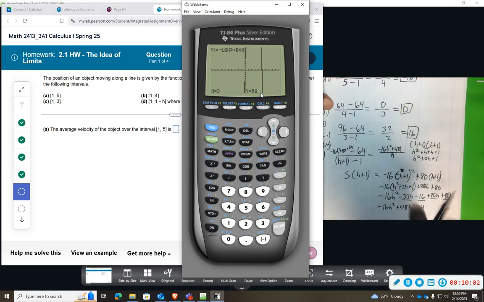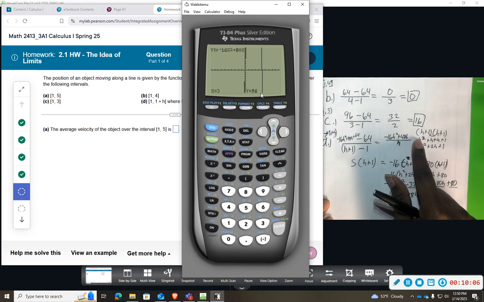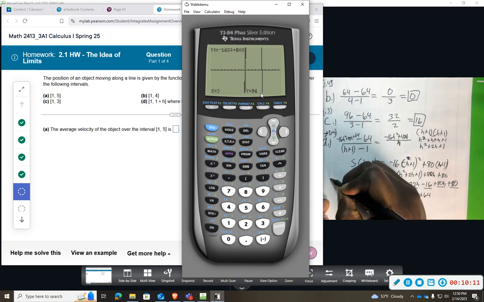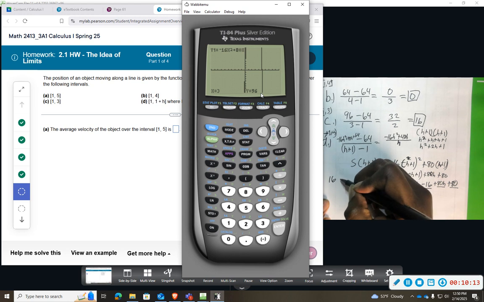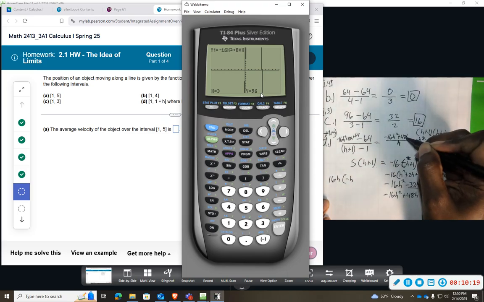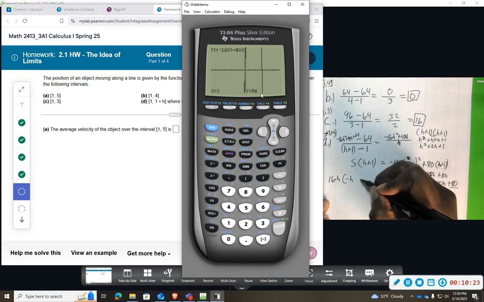All right. On the top, we can factor out a 16h. Let's see. So we're going to have 16h that we factor out. That's going to leave me with a negative h here. Divide by 16. 16 times 3 will give us 48, so that'll be a plus 3.